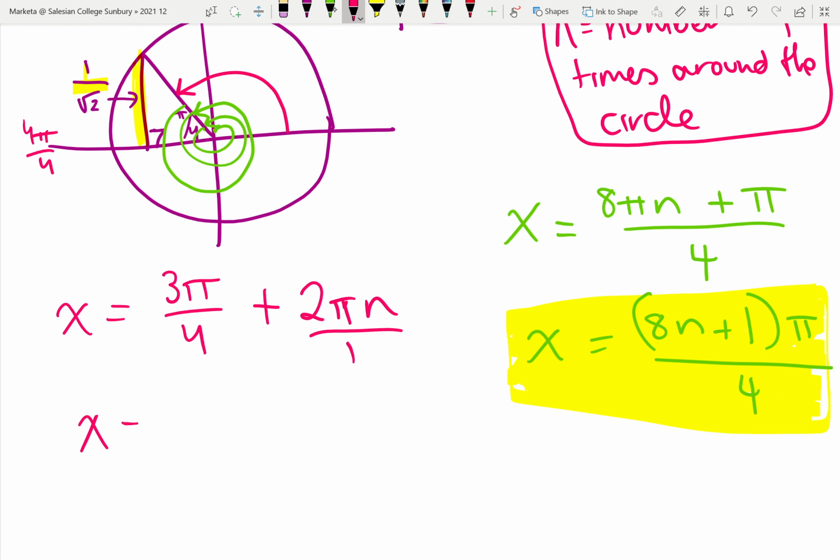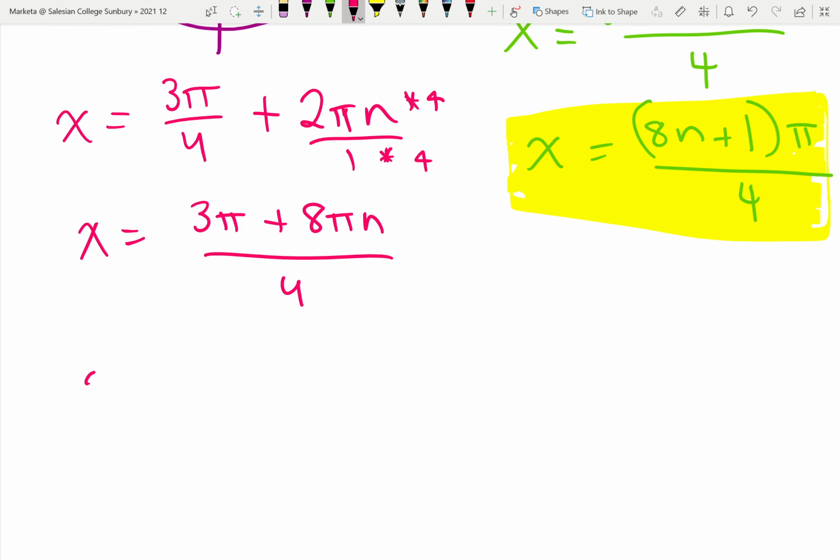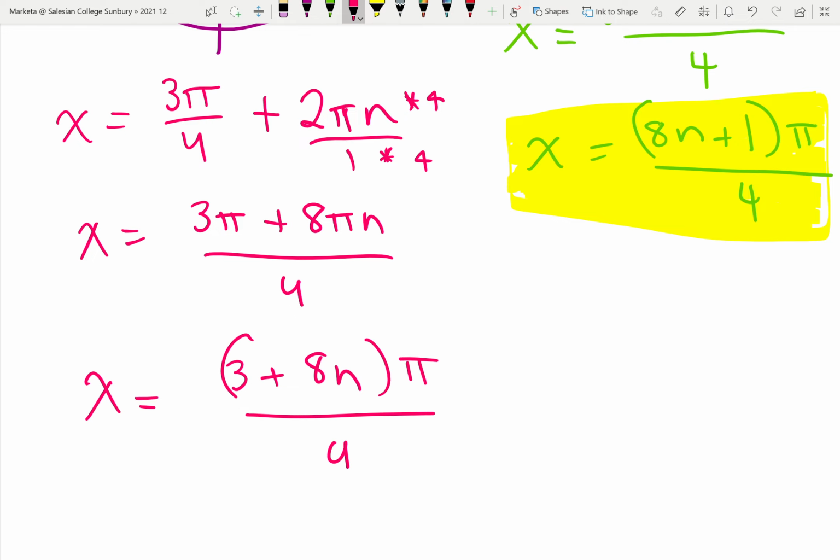So x equals, let's times by 4 on both the top and bottom, so it's going to be 3 pi plus 8 pi n on 4. Now I get x equals 3 plus 8n pi on 4. You can say 8n plus 3, or 3 plus 8n, it really doesn't matter, so I'll leave that like that. So there is my second general solution.